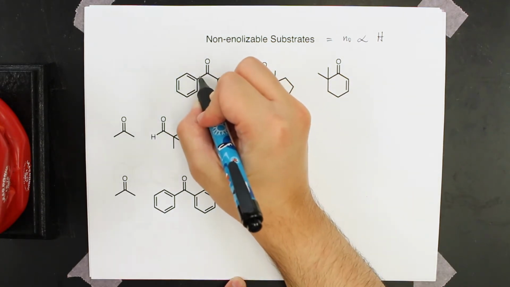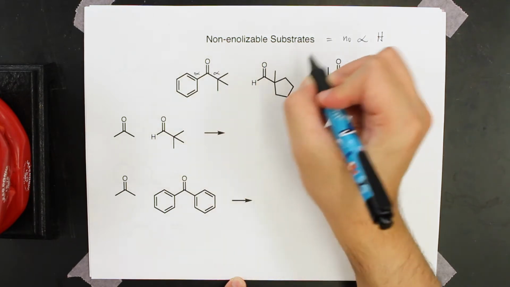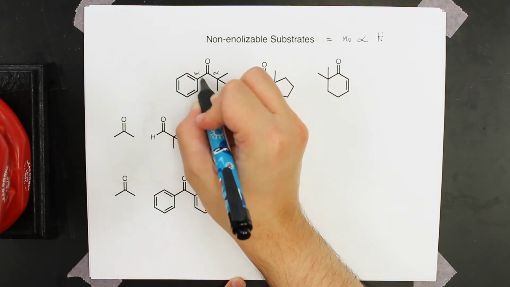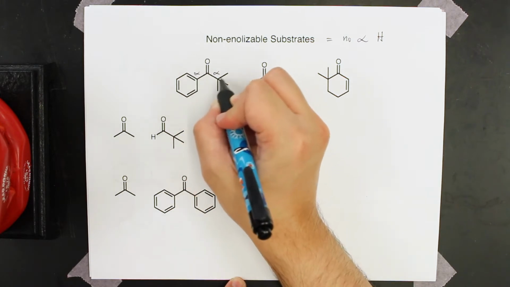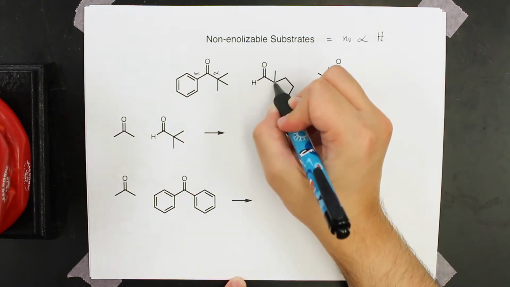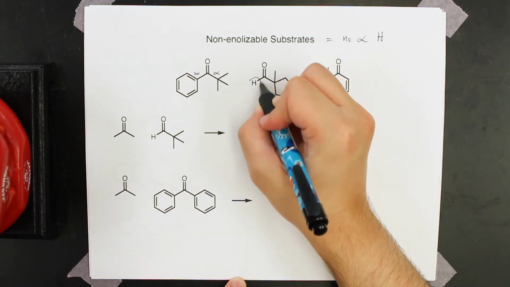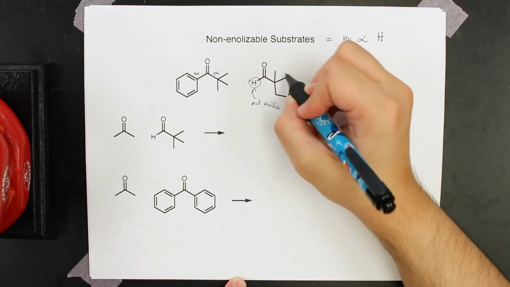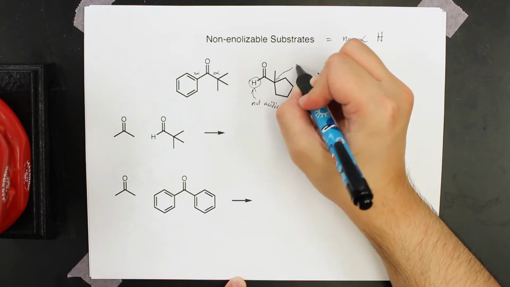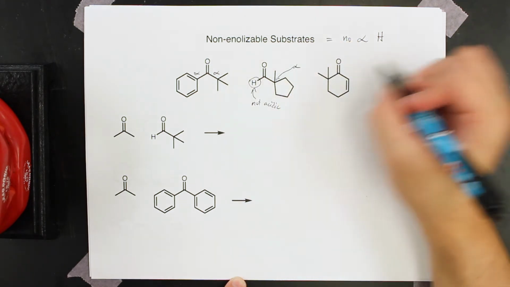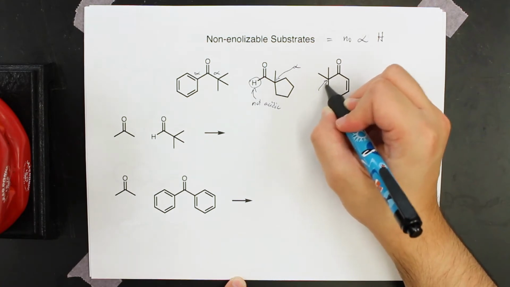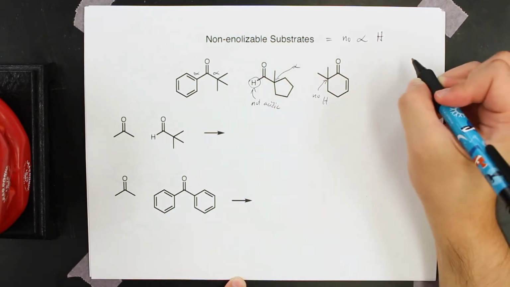So if you look at the alpha carbons of these substrates from left to right, this one doesn't have any alpha hydrogen here. It's a phenyl, and then here it's a tert-butyl group, so there's no hydrogen. Here, this is an aldehyde, so this H is not acidic. And here, this alpha carbon doesn't have any hydrogen. And in this example, there's also no alpha hydrogen.